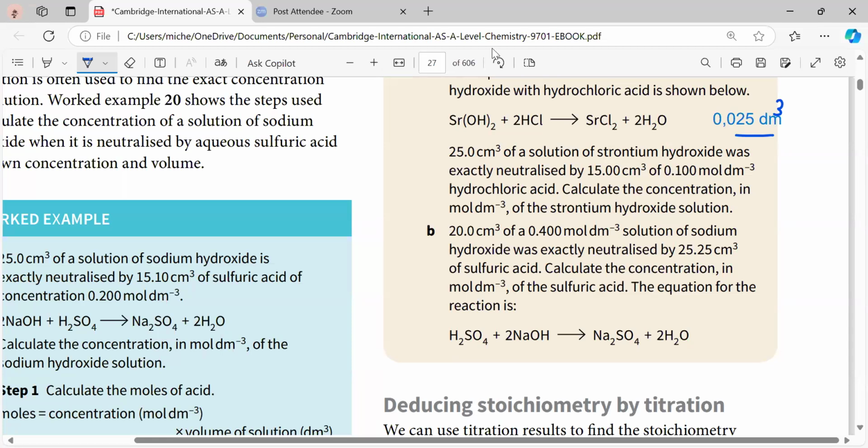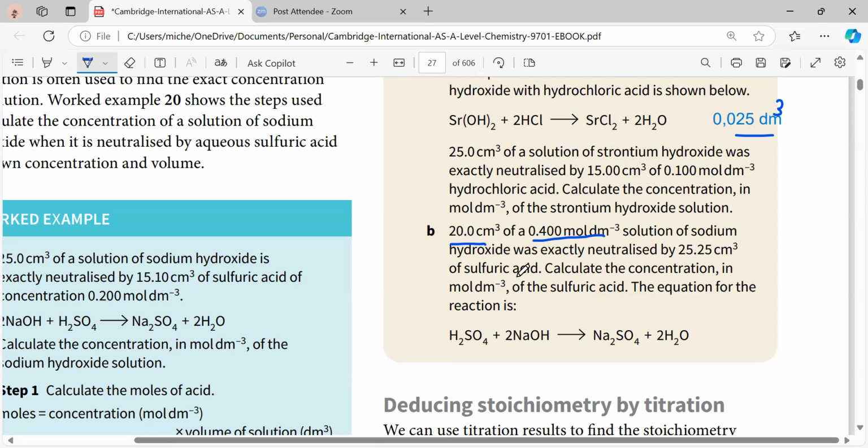For question B right here, for the sulfuric acid, we only know the volume, which is 25.25 centimeter cube, but we do not know the concentration. But for sodium hydroxide, the volume is stated, and they also stated the concentration. So we are going to find the moles of sodium hydroxide first.